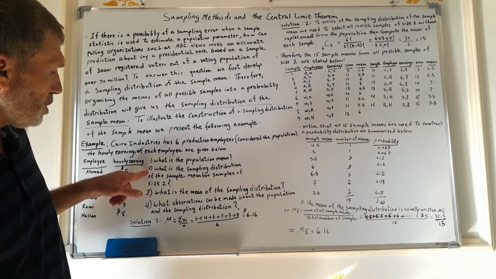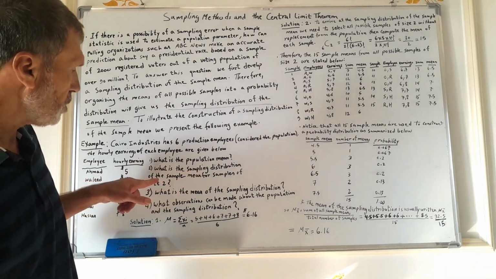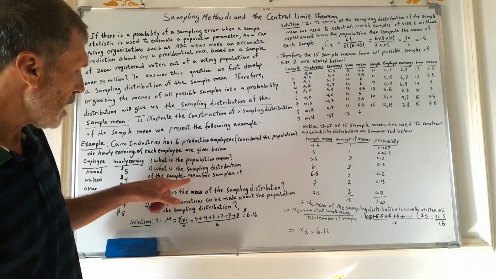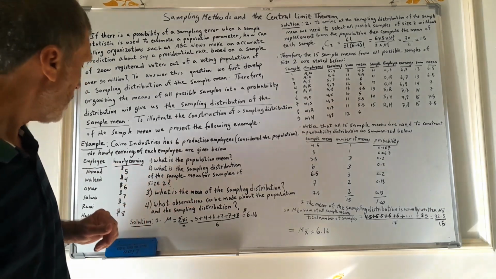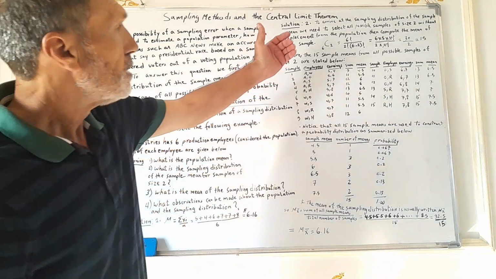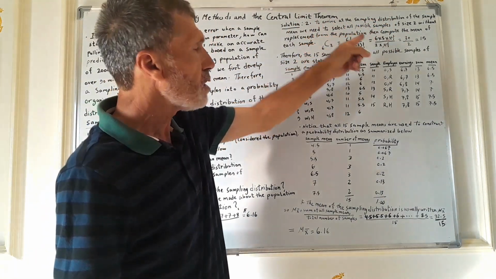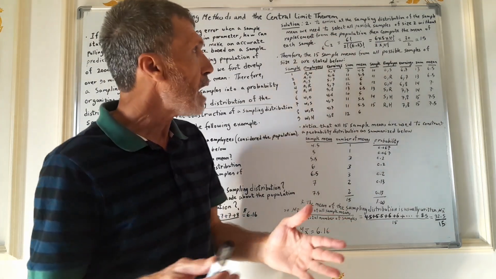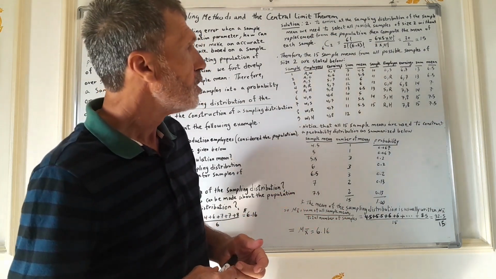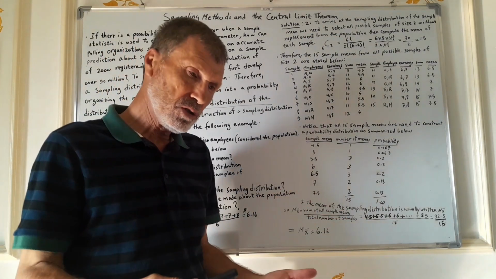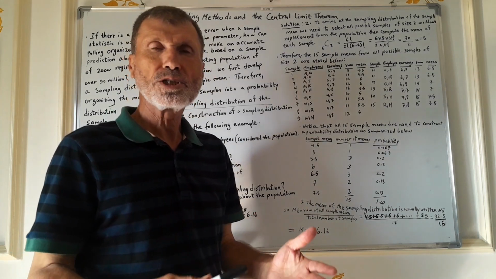the second question, what is the sampling distribution of the sample mean for samples of size 2? So, to arrive at the sampling distribution of the sample mean, we need to select all possible samples of size 2 without replacement. So we have to use the combination formula.